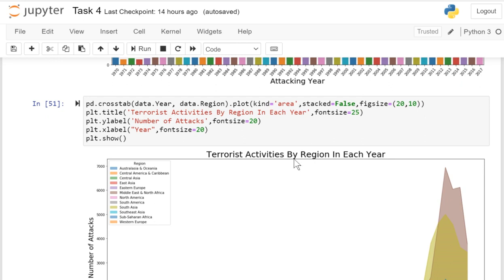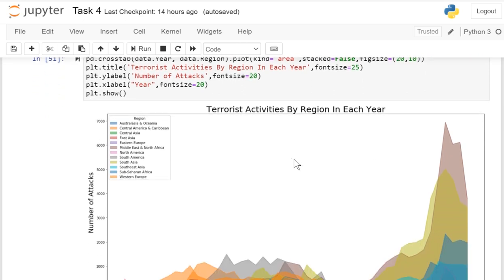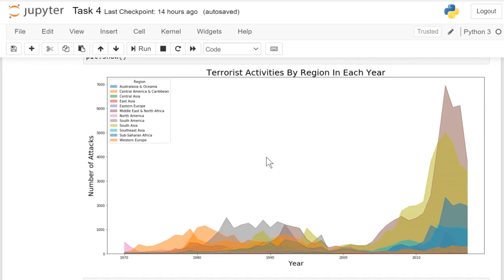In the next we are finding the terrorist activity by region in each year. On the y-axis there is the number of attacks, and on the x-axis there is the year. You can see from 1970 there is a gradual increase in terrorist activities.